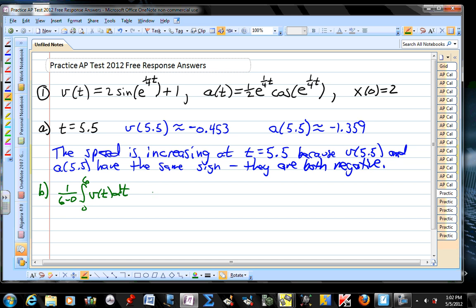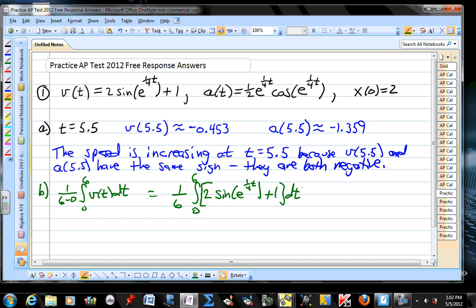So this is going to be 1/6 times the integral from 0 to 6 of 2 times the sine of e to the 1/4 t, plus 1. And this whole integrand is being integrated with respect to t.